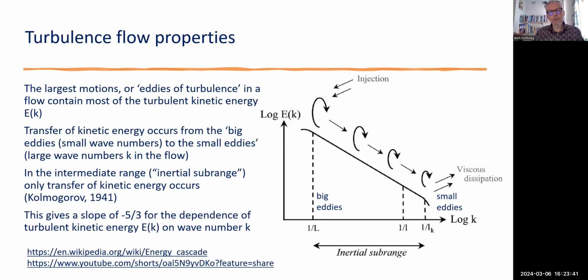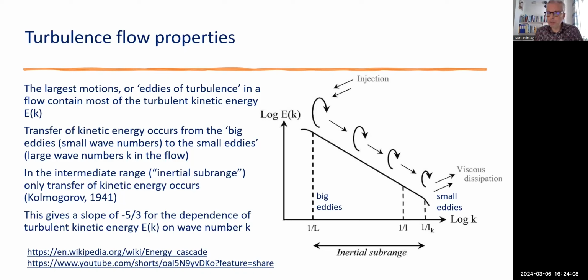And during this transfer of kinetic energy in the atmosphere, the energy is transferred, but is not so much dissipated. Ultimately, the kinetic energy, which is created at a larger scale by motions in the atmosphere, is dissipated by molecular effects at the very small eddies, or which have the largest wave numbers.